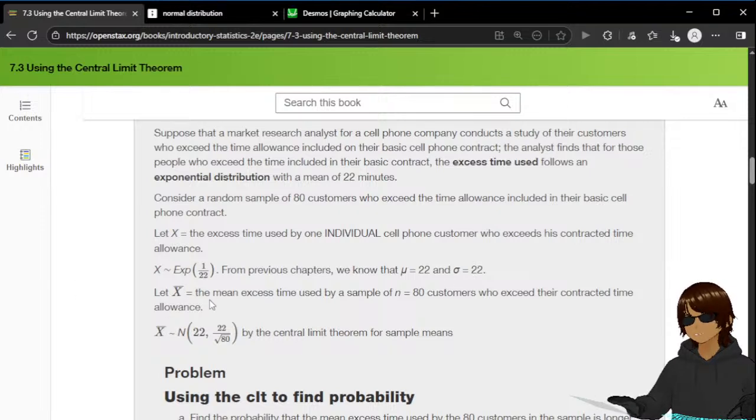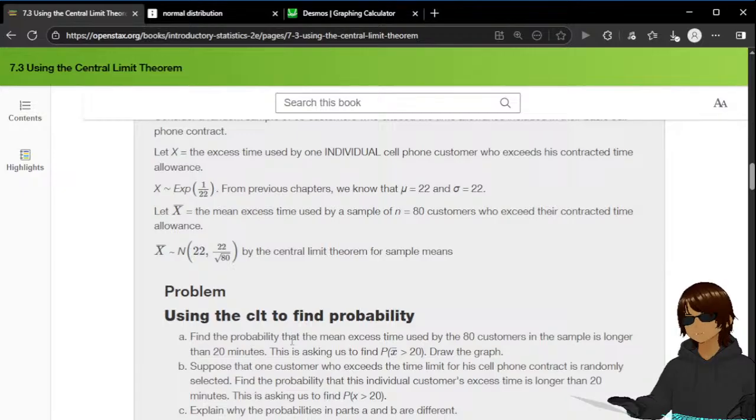Let the mean excess time used by a sample of n equal to 80 customers who exceed their contract time allowance follow a normal distribution. Find the probability that the mean excess time used by the 80 customers in the sample is longer than 20 minutes. It's asking us to find this.